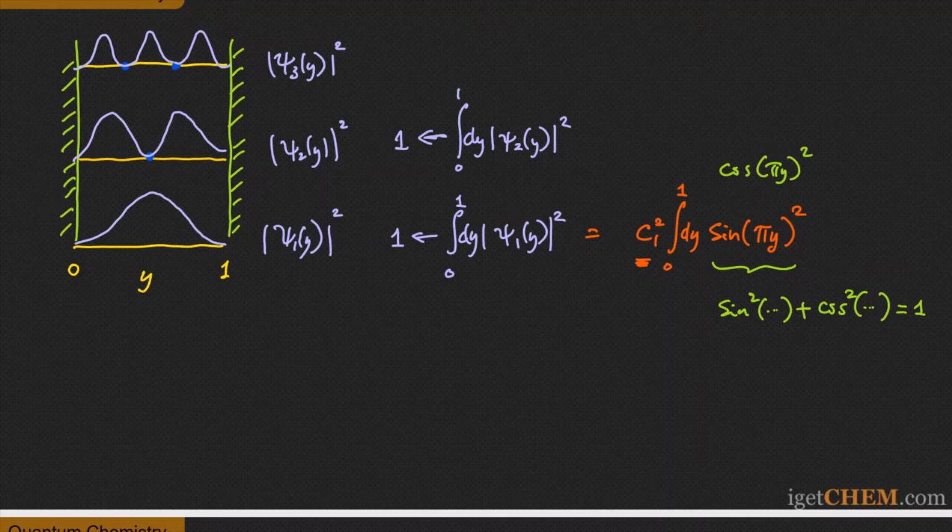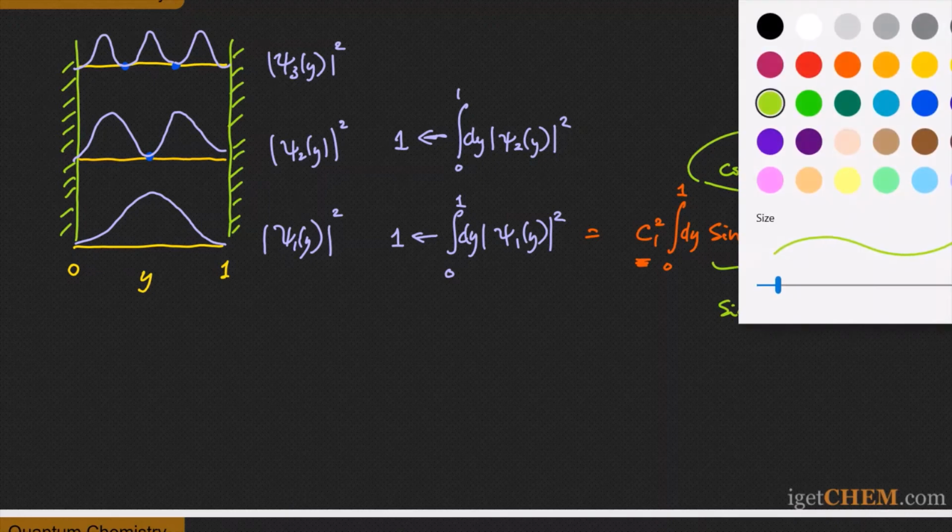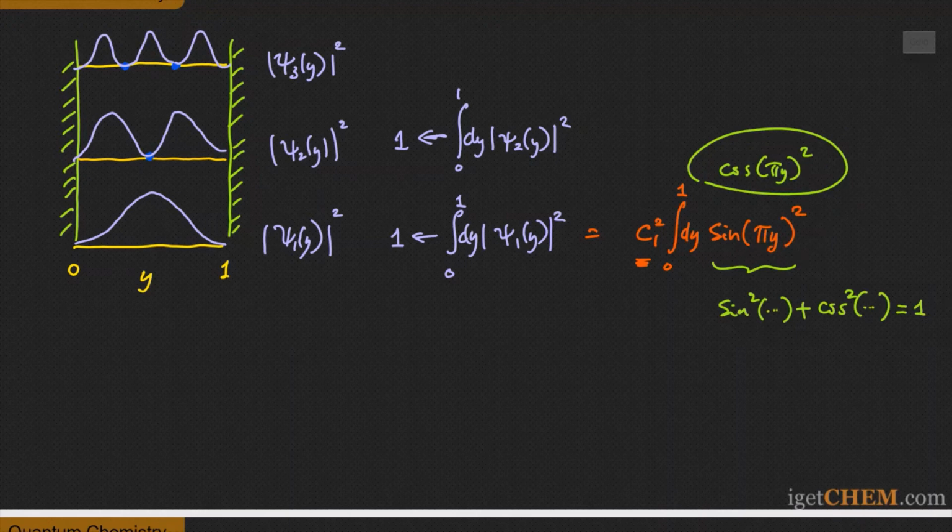If I plot this function, instead of starting at 0 and going to 0, going to 1 again, it would start with 1 at y equals 0, then go down to 0, and then go back up to 1. So that function would look something like that.